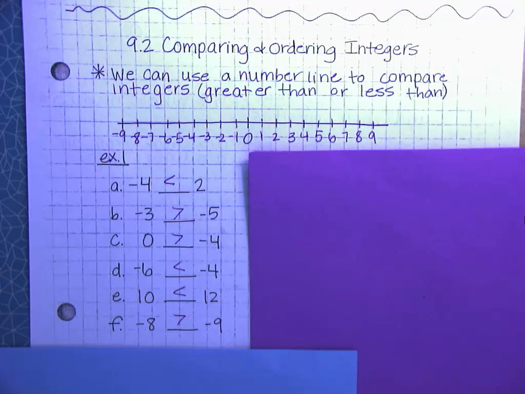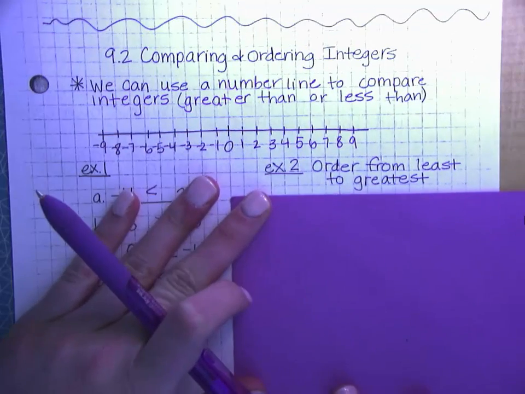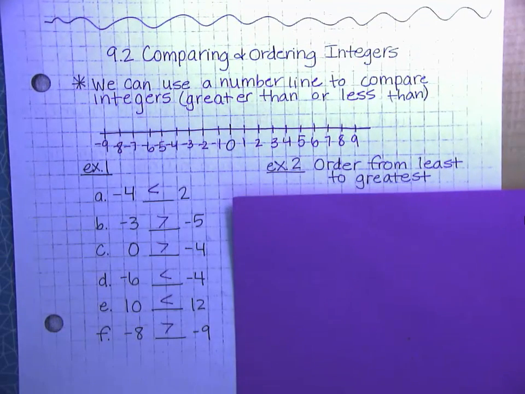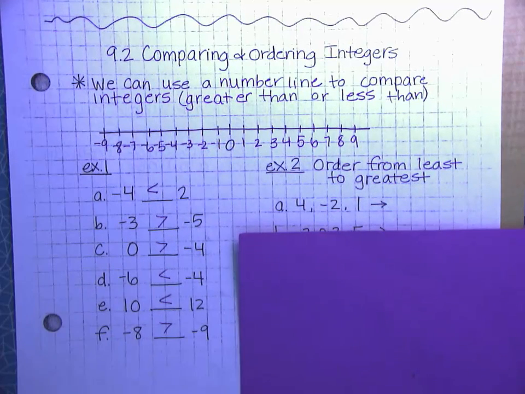Okay, so now that we've gotten some practice comparing these integers, let's see how well we can do at putting them in order from least to greatest. This might be a little trickier, but you can use your number line to help you out. So the first one, we have 3 integers: 4, -2, and 1.